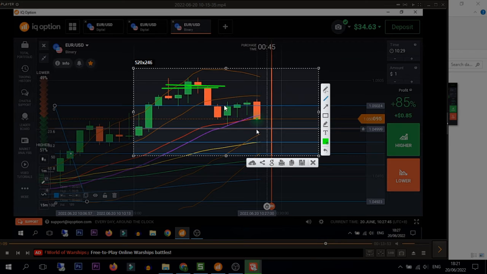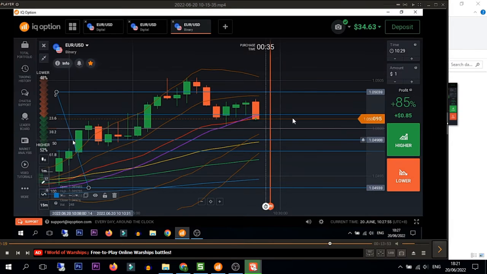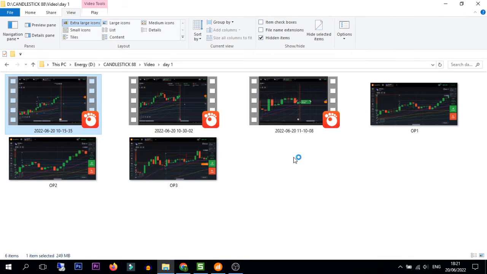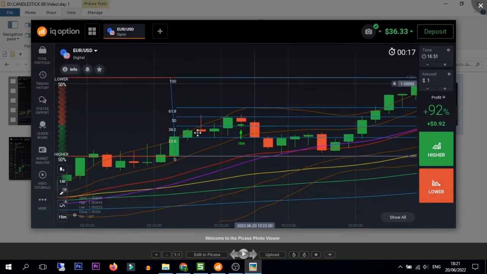It's a fake breakout because this is like a shooting star, okay. That is why we have to avoid that kind of trade. That is not good, because it's at the end of the minor uptrend, okay.